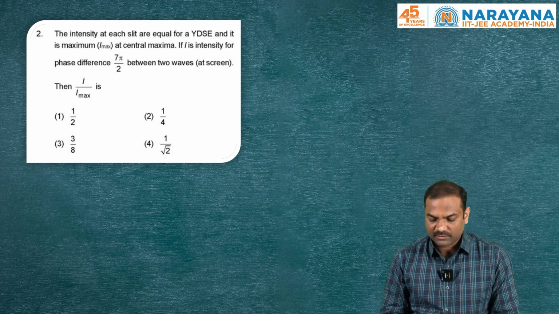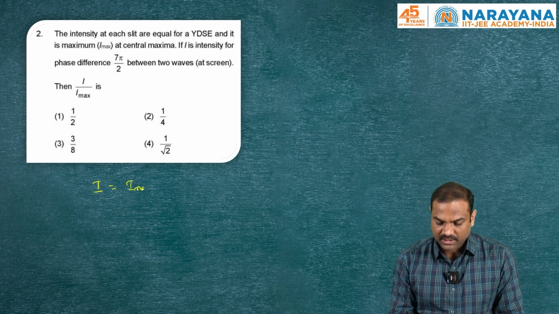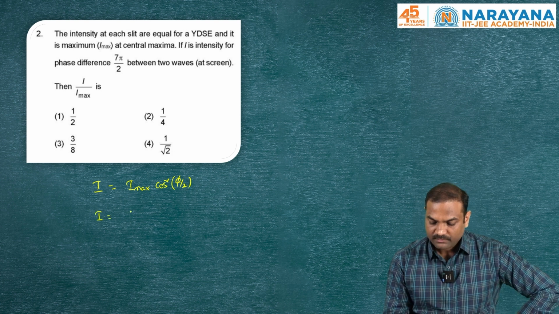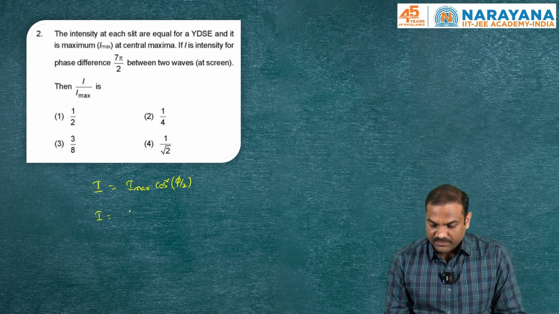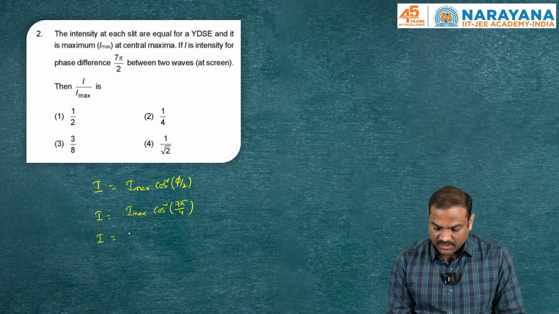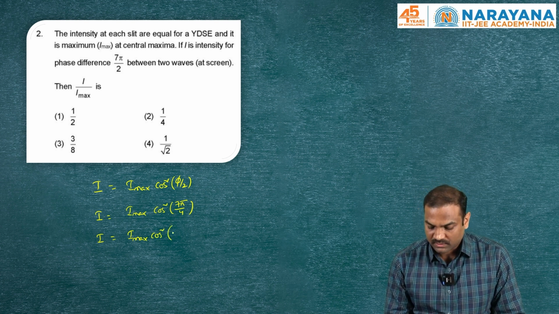So simply we can go for a formula, which, as we know, is I equal to I max into cos square phi by 2. Now the I max value is given already. So I is equal to I max into cos square 7 pi by 4, which comes to 1 by root 2.